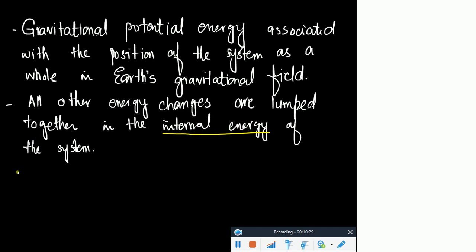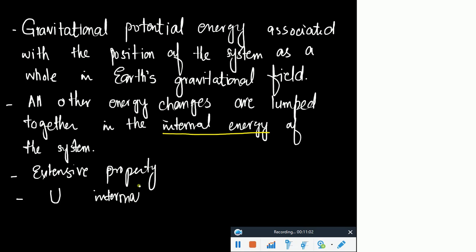Just like any other energy form, or work, obviously work is not a property. Energy is an extensive property, we have already talked about it. Internal energy is also an extensive property. You need to add them up at different points, and then you can say that overall energy is the addition of all the points. Generally it is described as capital U. We use this in denotation.